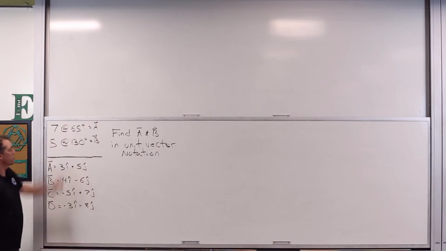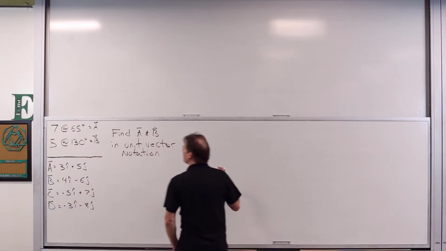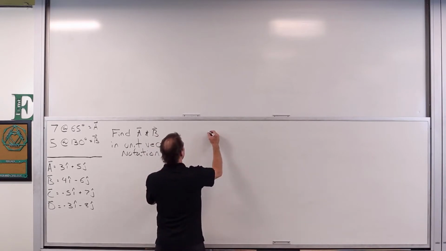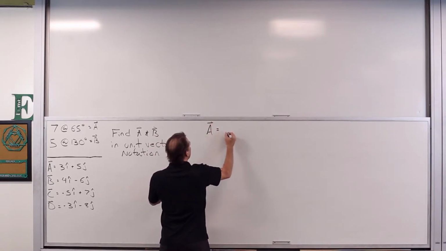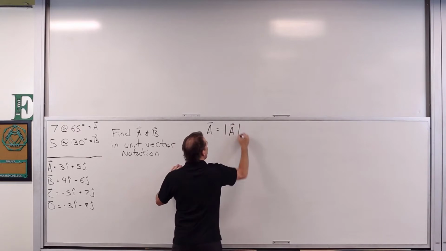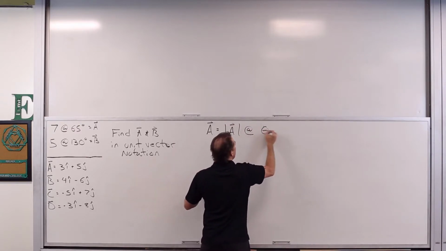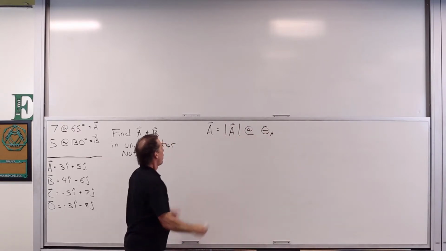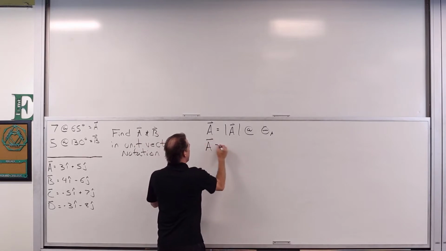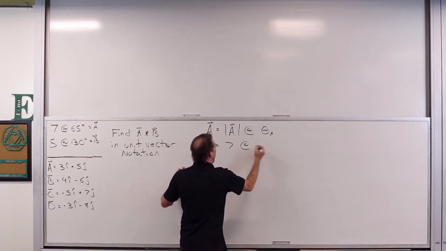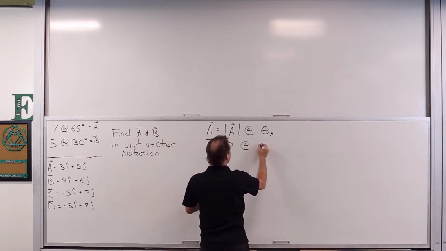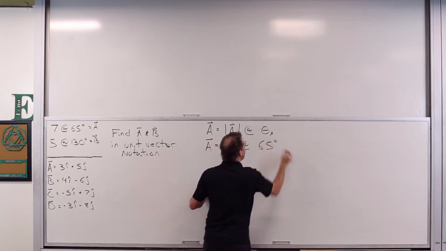So let's just start with these two right here, shall we? We shall. All right, so A hat is written in this form as the magnitude of A at theta sub A. In this case, A hat is equal to 7 at 65 degrees.